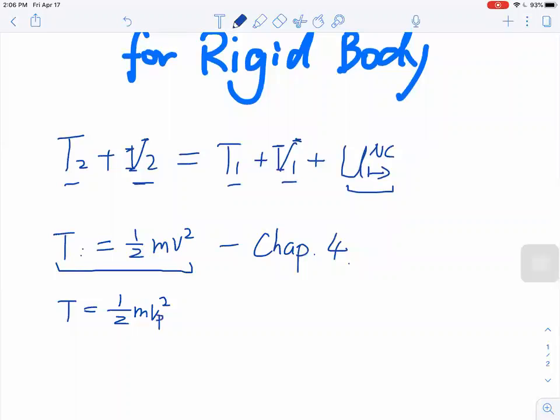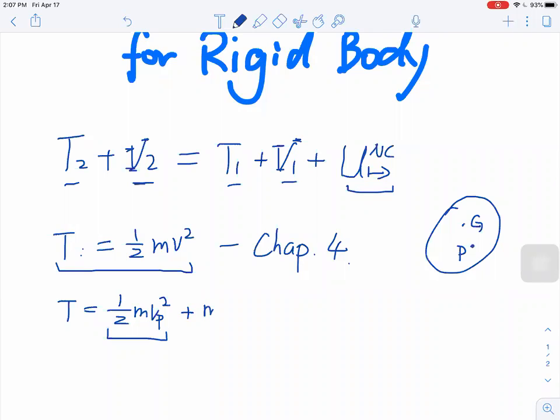Here we're going to add P. Let's say this is our rigid body. We have G, that's the center of mass. Also, we have the random point P. So the first term looks similar to chapter 4, 1/2 m vP squared. But in this chapter, we need to include two more terms.